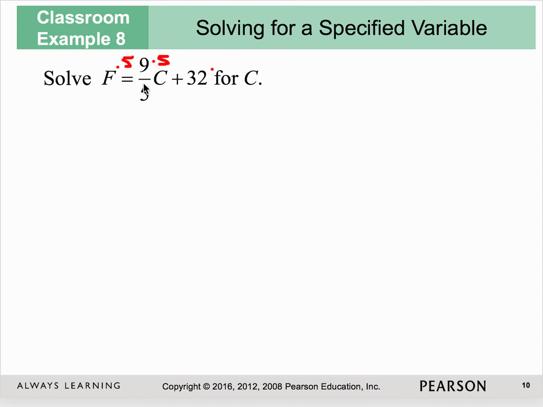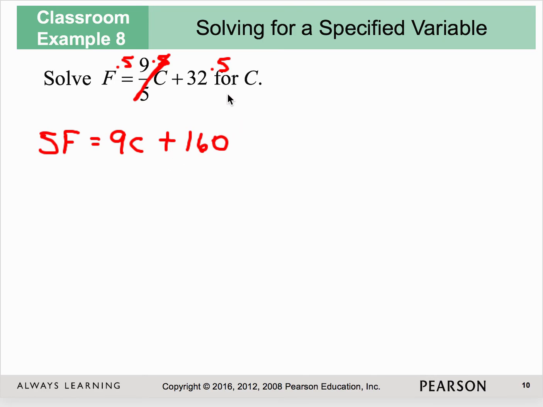I didn't multiply the number and the letter, right? Every term, not inside parentheses, but I don't have any, by 5. Now that'll cancel. And we have 5 times F equals 9 times C plus 160.